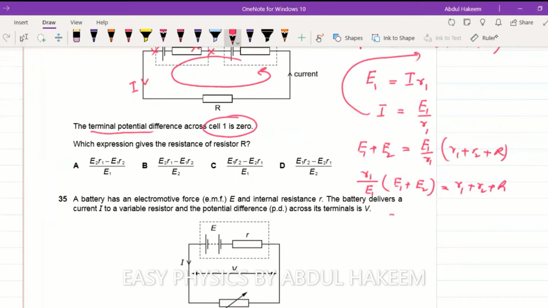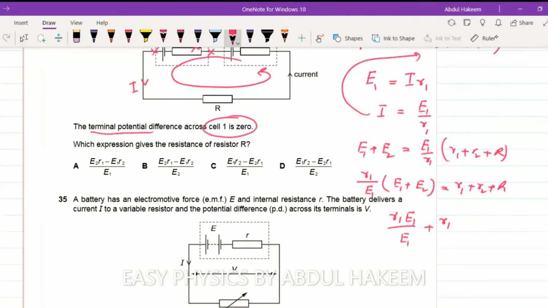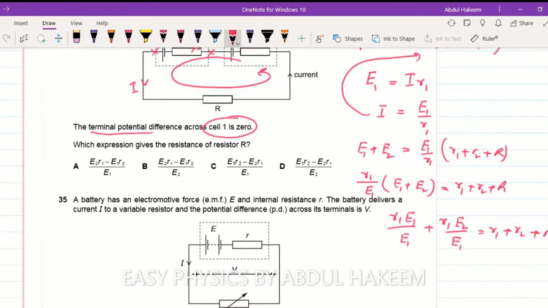So it is R1 E1 over E1 plus R1 E2 over E1. Now look, this is cancelled. So R1 left. So R1 is also cancelled here, R1 and R1.